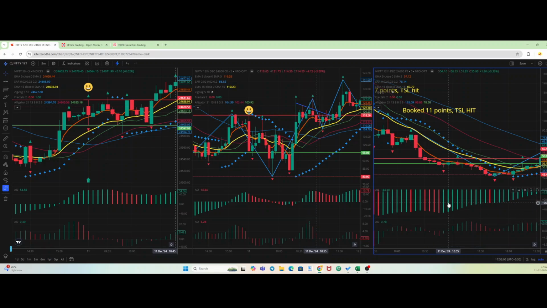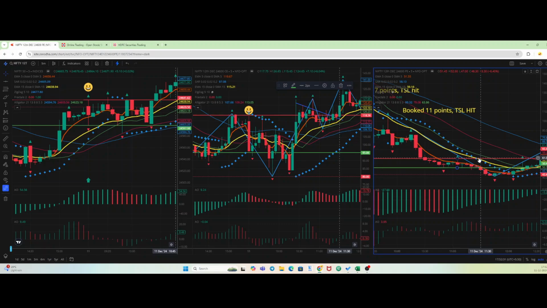Here if you see, the accelerator indicator, everything is green, it is changing direction. So up to this area we are not taking any trade. Here we are just putting the stop loss trigger order. When the second bar gives the signal and completes, in that area we got the entry, around 50.